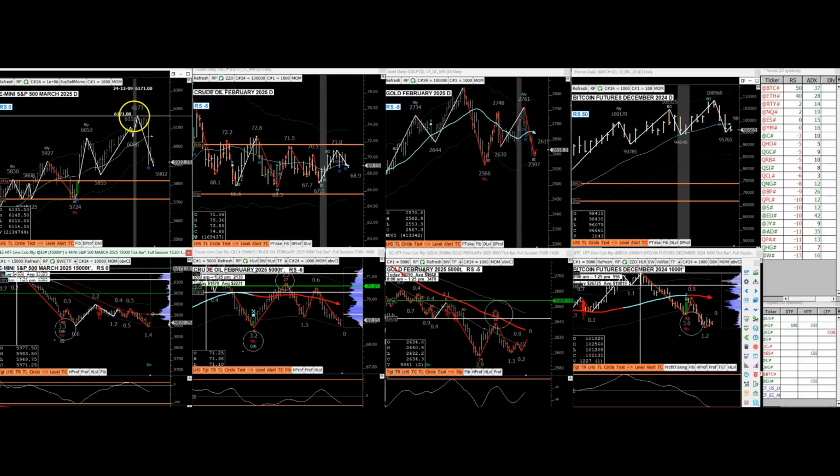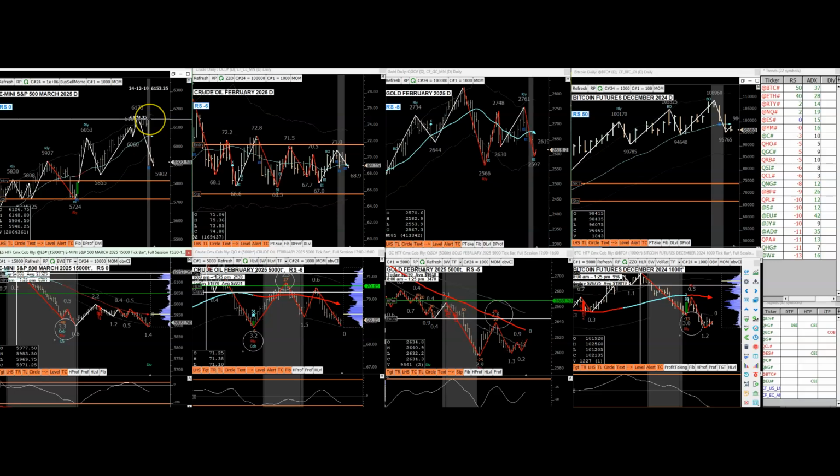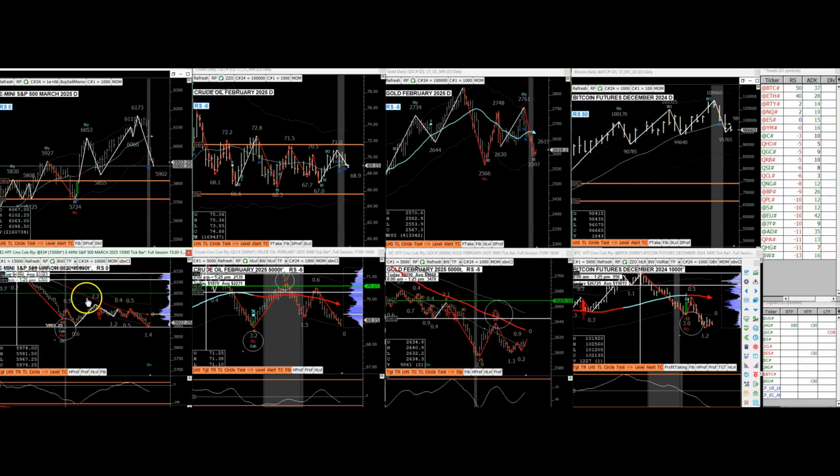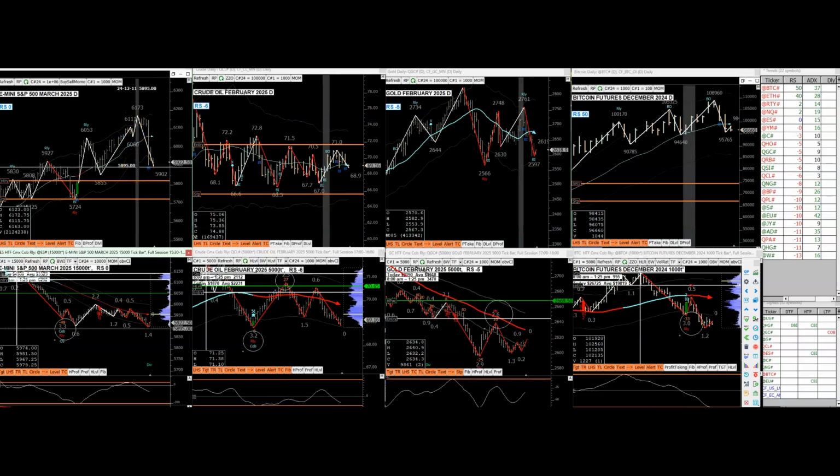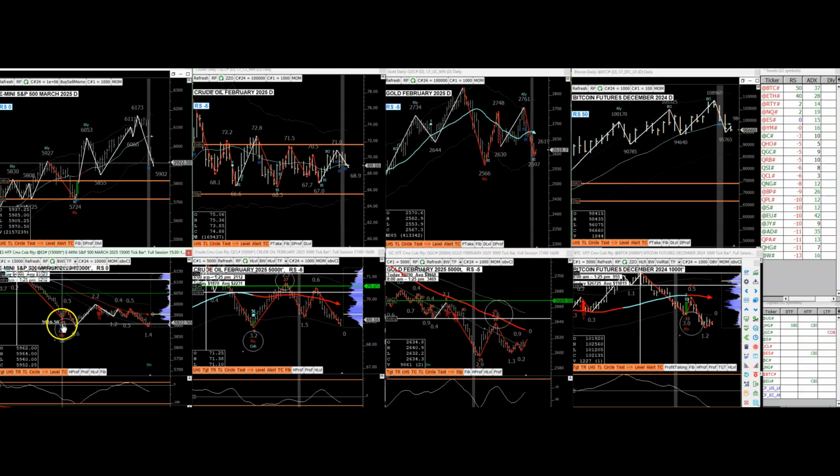And that distribution led to selling, and that selling created a downtrend on lower time frames, which has within it a change of behavior. How do you know? Because it goes to those resistance levels and falls back below the prior resistance level on heavy volume.